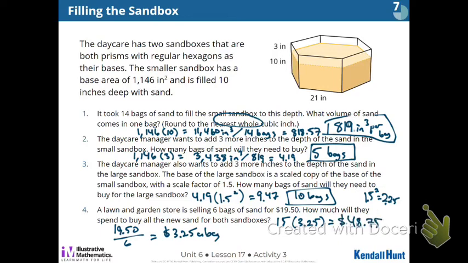But guess what? All this sand's coming to my playground, right? I could dump some bag in one and then in another. So then I went back and I was like, actually, 4.19 plus 9.47 gave me 13.66, which means how many bags could I get away with? 14 bags at $3.25.